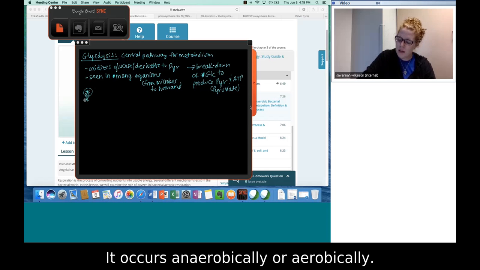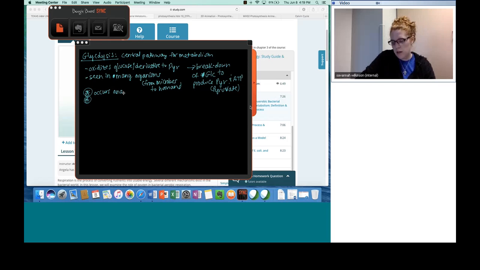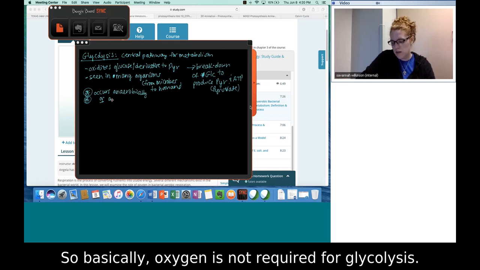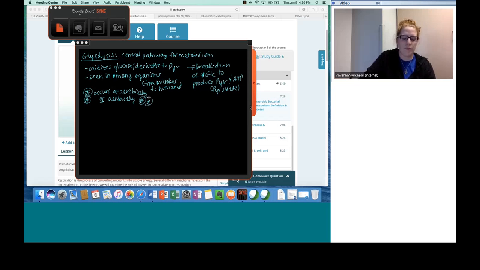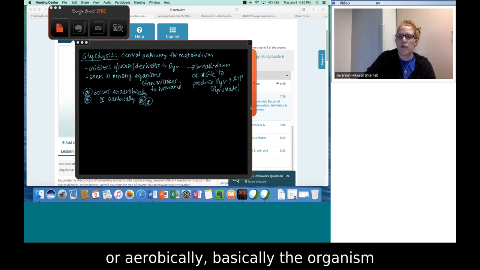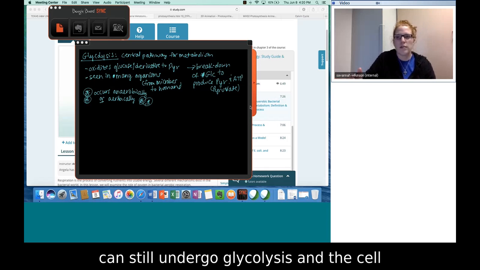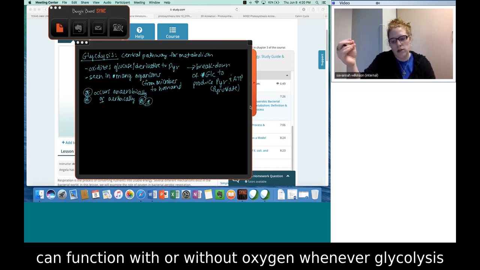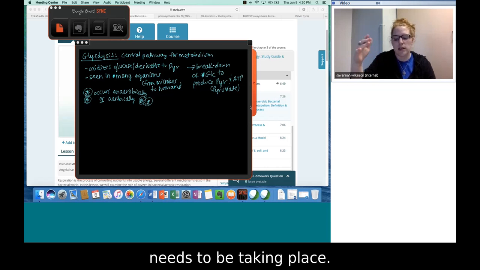It occurs anaerobically or aerobically. So basically, oxygen is not required for glycolysis. Okay. Basically, what we're saying is it can occur anaerobically or aerobically. The organism can still undergo glycolysis, and the cell can function with or without oxygen whenever glycolysis needs to be taking place.